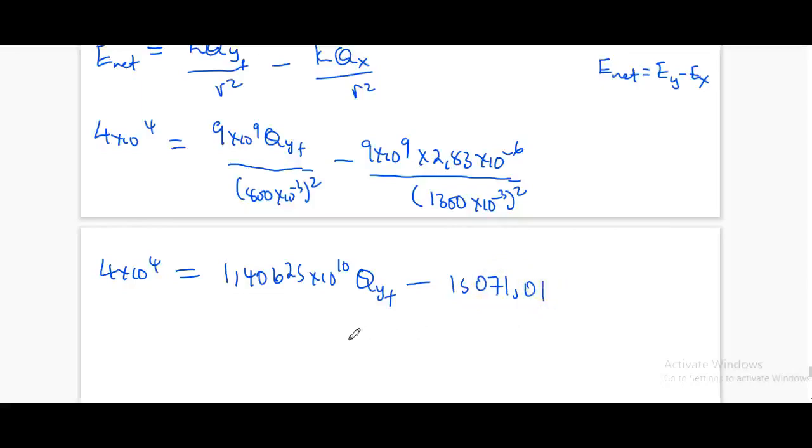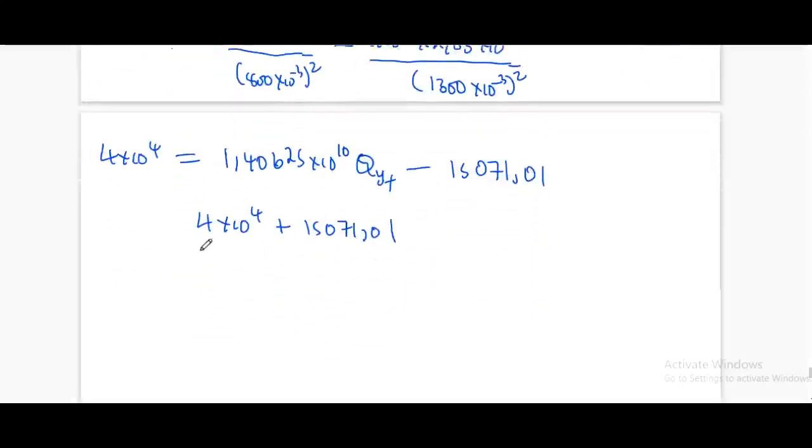Okay, so now I have 15,071.01. I'm going to take it to the other side. So 4 times 10 to the power 4 plus 15,071.01, all divided by 1.40625 times 10 to the power 10, equals qyf.